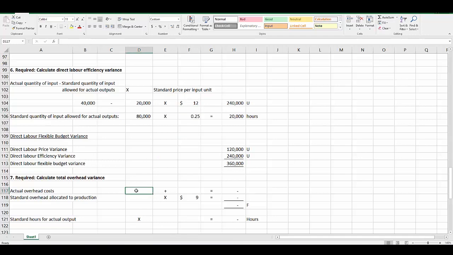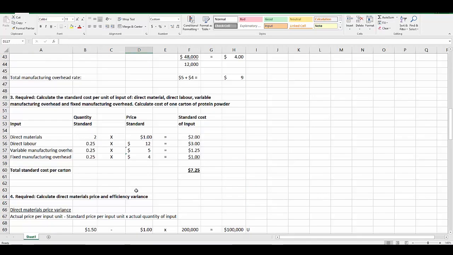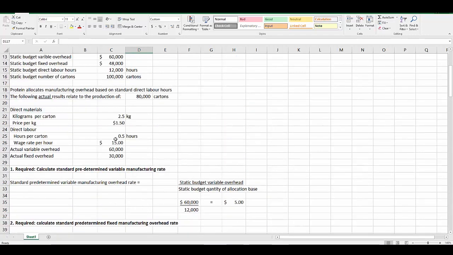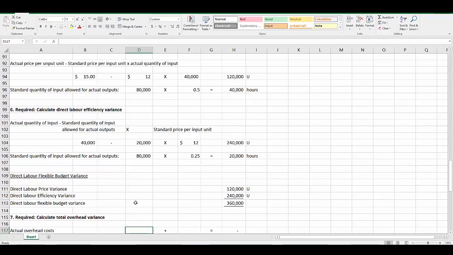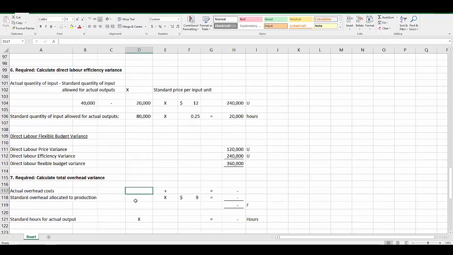You're given the actual overhead costs, so that's up here, your 60,000 in variable and 30 in fixed. So we'll just go ahead and enter those in down here in part 7. So we have $60,000 plus 30,000. So your actual overhead was 90,000.